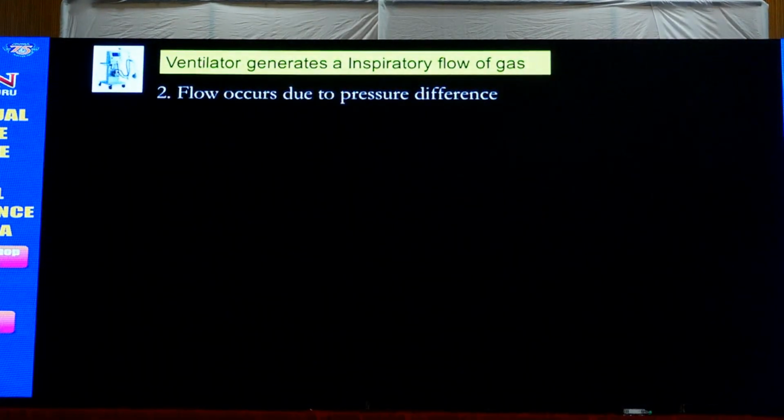We have been taught that for anything to move from one place to another, there has to be a pressure difference or a height difference. If somebody throws water from there, it will come here. But if somebody puts water, it's not going to go up. So there has to be a pressure difference, which normally we create by diaphragmatic movement and a negative inspiratory pressure. But when you put on a ventilator, the pressure is created in the mouth positively and the air is pushed in.